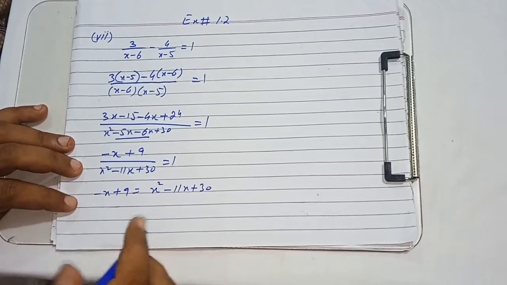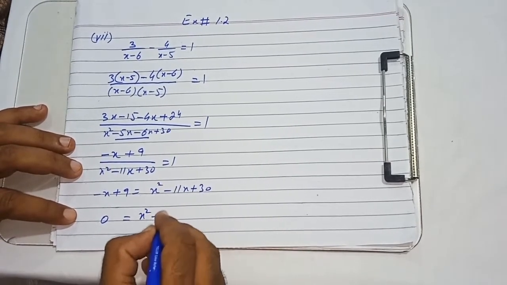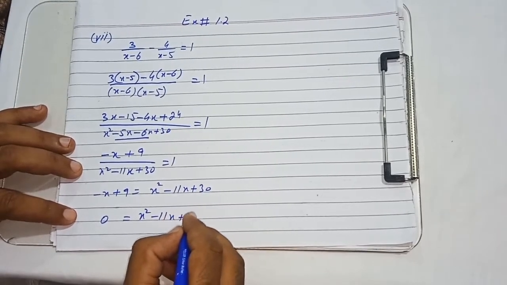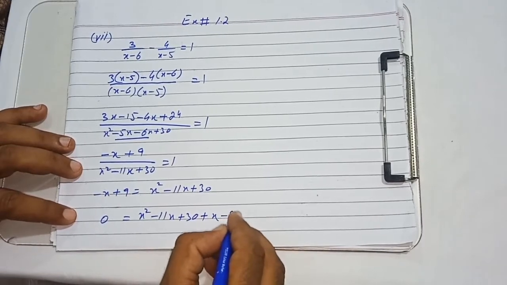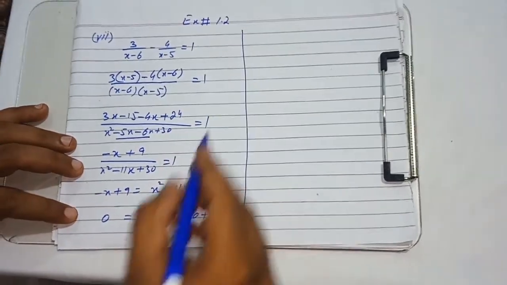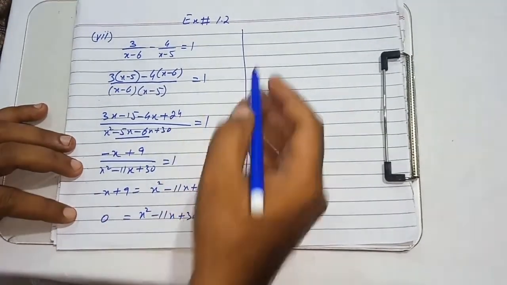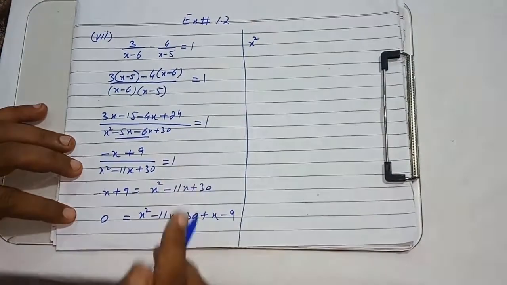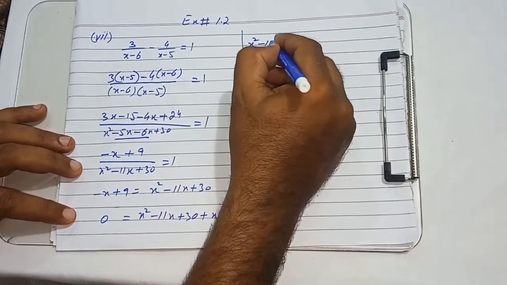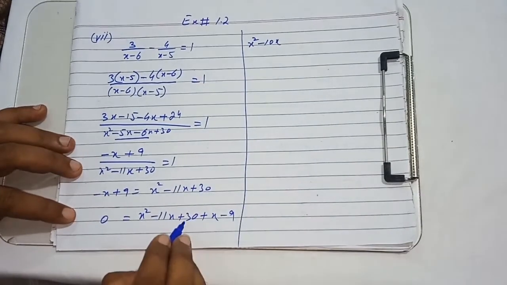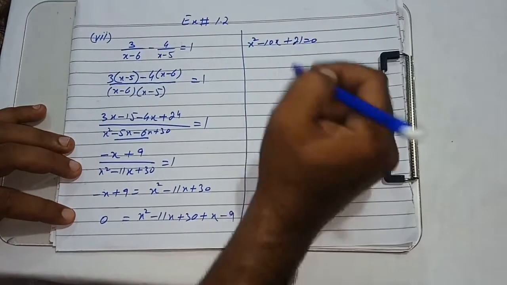Transfer these two terms to the right side, and we will have 0 is equal to x square minus 11x plus 30 plus x, and this 9 will become minus. I can write the right side on the left side, so I am writing it as x square minus 11x plus x, which means minus 10x, and plus 30 minus 9, which means plus 21, is equal to 0.